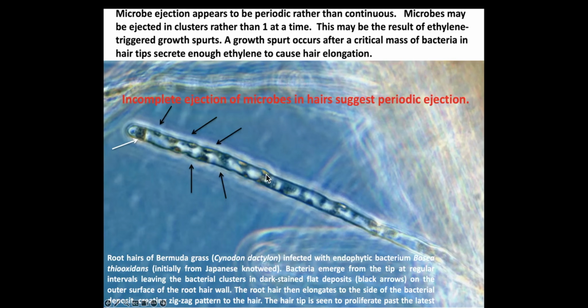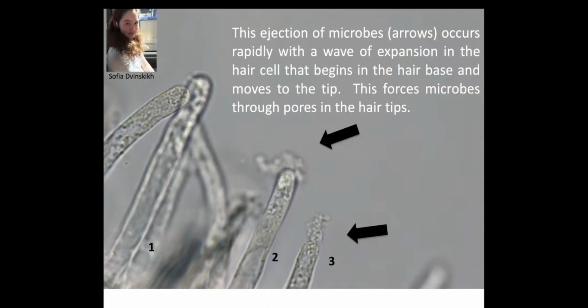And so you see them here in little banded areas where they accumulated and then they didn't go out like they were supposed to. And so this grew again and then they accumulated, and you see them there on the edge. They didn't eject very well, but they grew again and didn't eject. And you can see the growth spurts. It becomes banded because of those growth spurts.